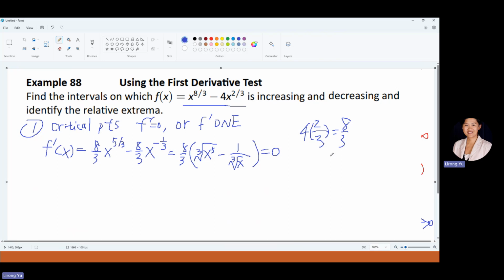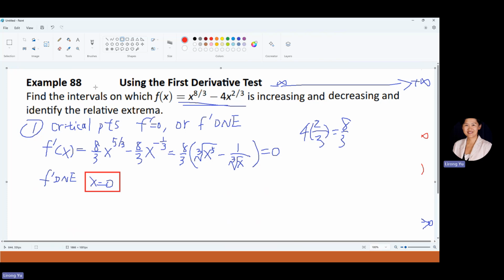So x equal to 0 is an undefined point for the derivative, but not for the original function. In the original function, your domain goes from negative infinity to infinity, and that's where we do the number line. So f prime is undefined when x equals 0. That's 1 point already.